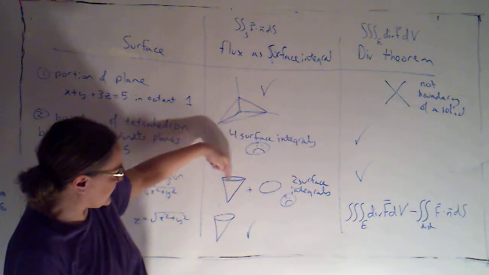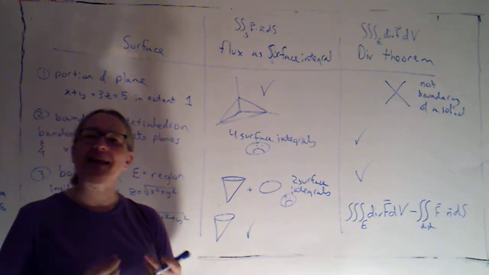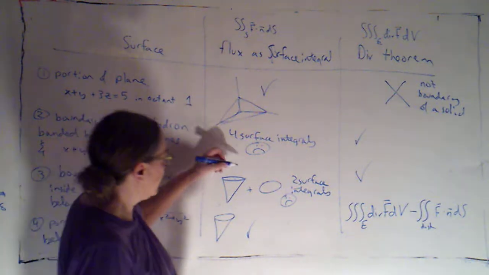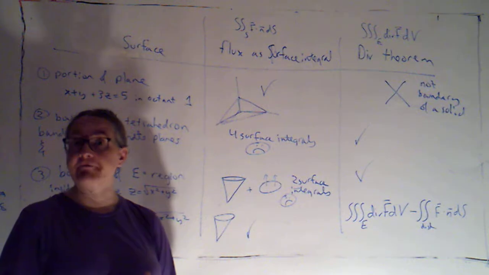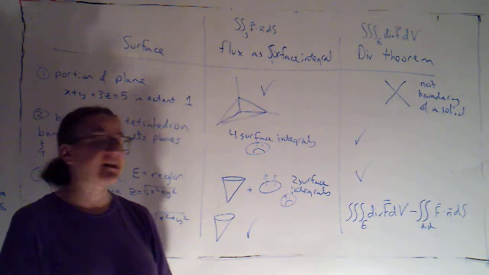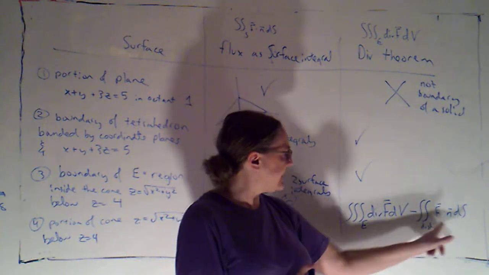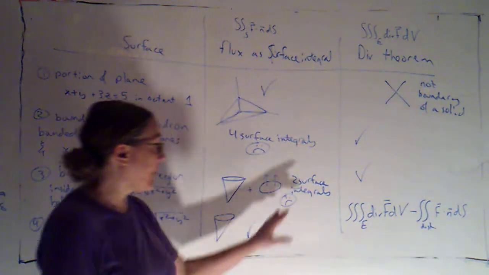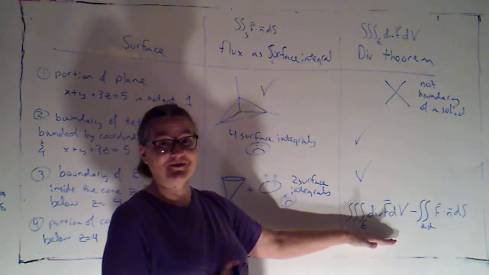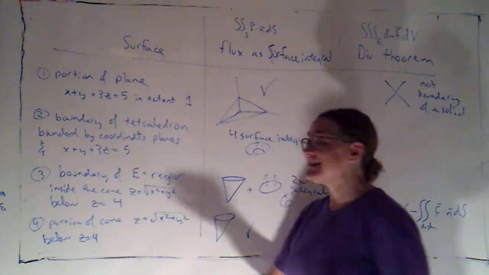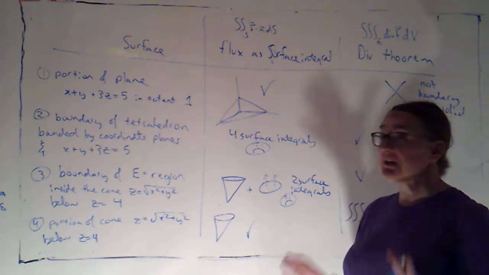The disk that puts a cap on this is a very simple region and it has a constant normal vector, pointing straight up, away from the enclosed solid, and that tends to make this a pretty simple surface integral. So this is a viable option. But I can't just do a triple integral if my surface is not the boundary of some region. That's really crucial.